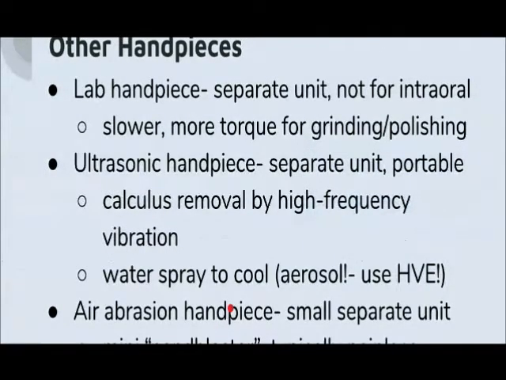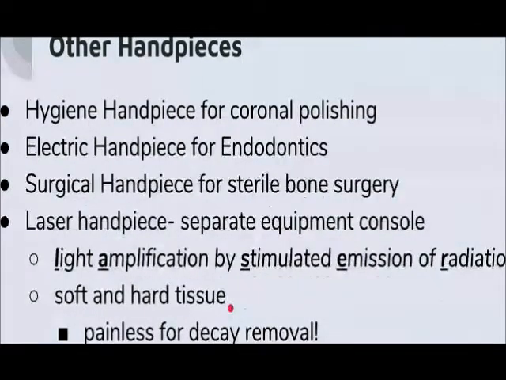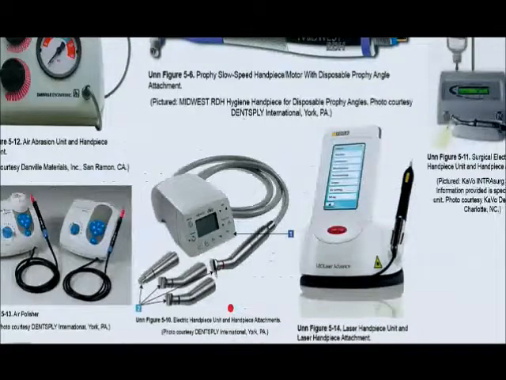So some other handpieces that you might see in offices, and I'm going to show you pictures because that's much more exciting, are the air abrasion handpiece, the Profi handpiece, as we've talked about, the hygiene handpiece with the contra angle and Profi cup. The surgical handpiece, which is an electric handpiece that is used for cutting bone during wisdom teeth removal and other surgeries, implant surgeries.